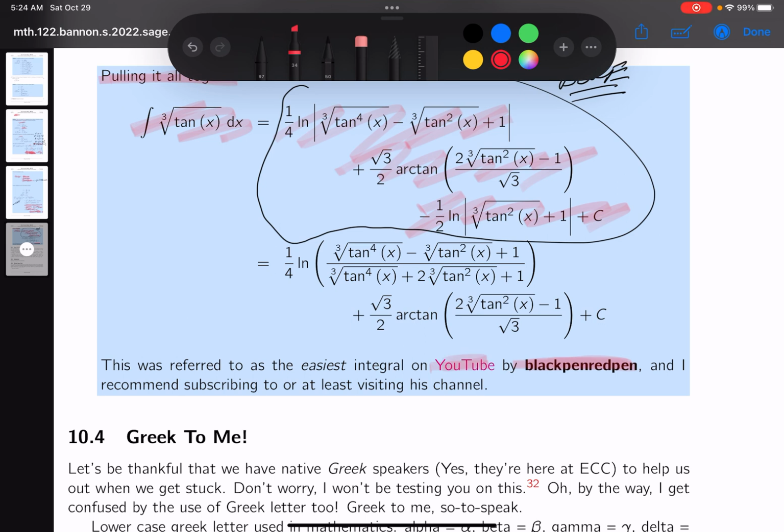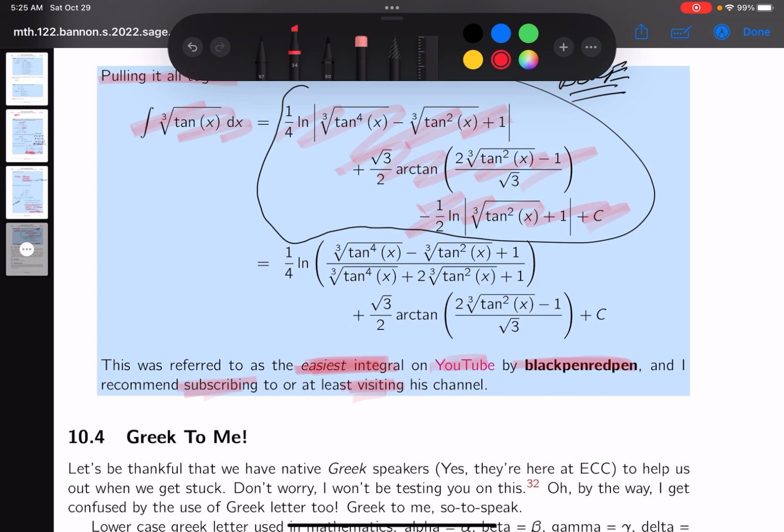I believe he's a high school teacher out in California. He has certainly well-motivated students, and his students do really well, I'm sure of it, all right? But anyway, he referred to this as the easiest integral on the internet, or on the YouTube, by the way. I think he's joking around, by the way. But anyway, I think it's worth subscribing to his channel, or at least visiting his channel. I don't subscribe to many channels, by the way. I don't subscribe to his, but I do go back to his channel to look for problems.